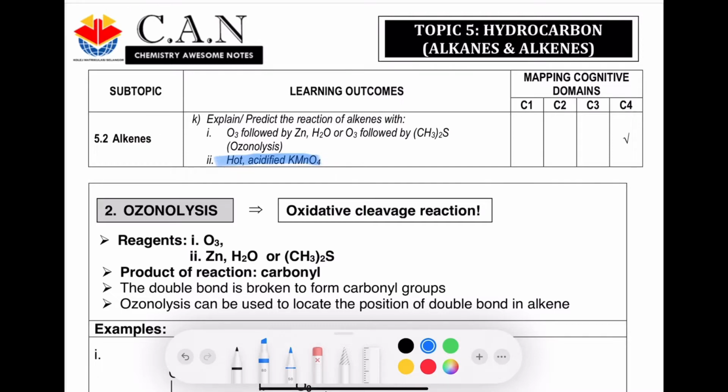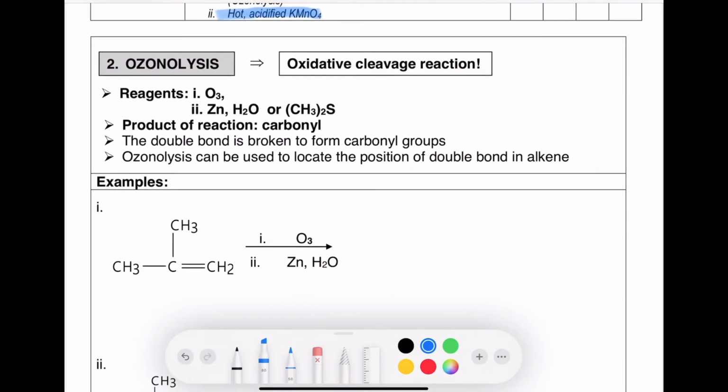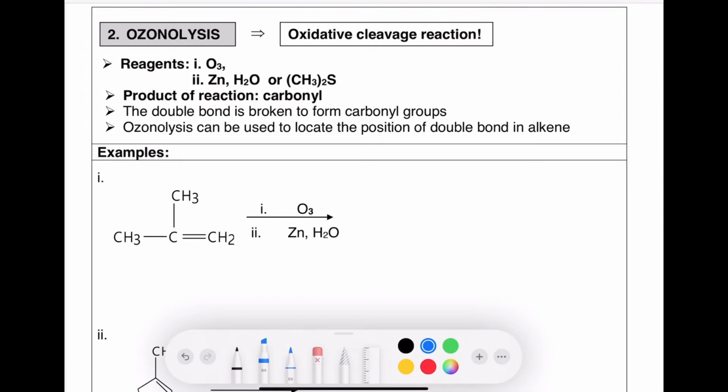So let's proceed. Now I'm going to explain the first one, which is what we call ozonolysis. Basically, ozonolysis is also known as oxidative cleavage reaction. This is not an addition reaction, but it involves oxidative cleavage.